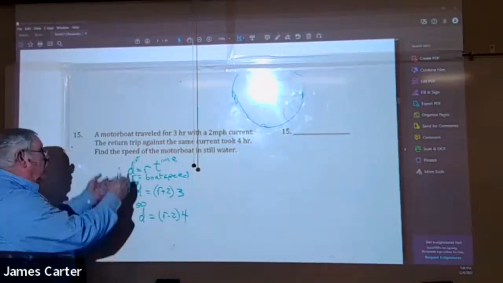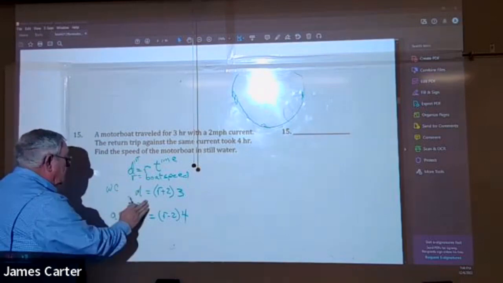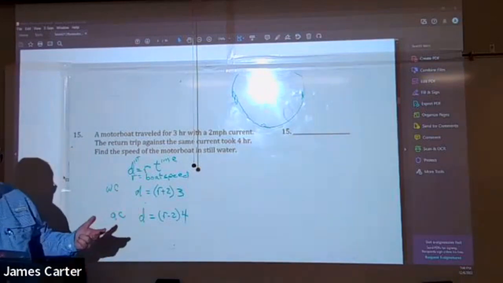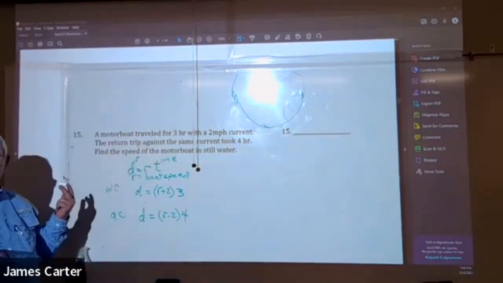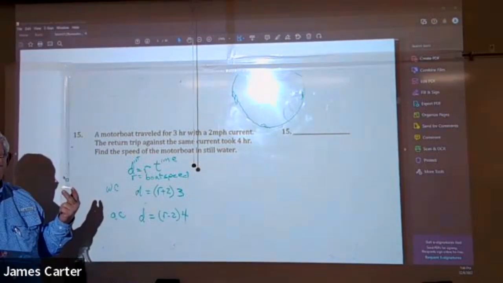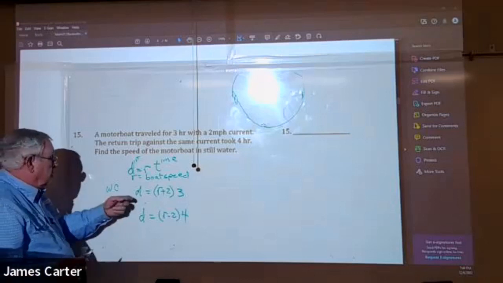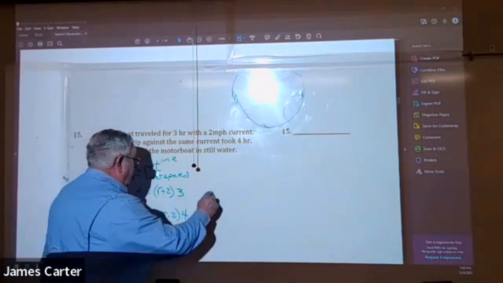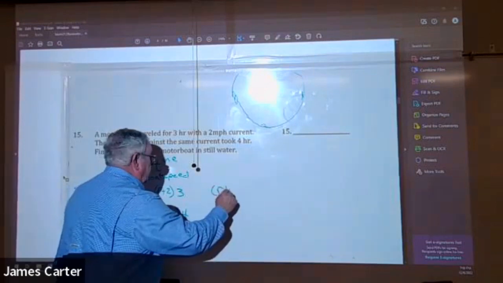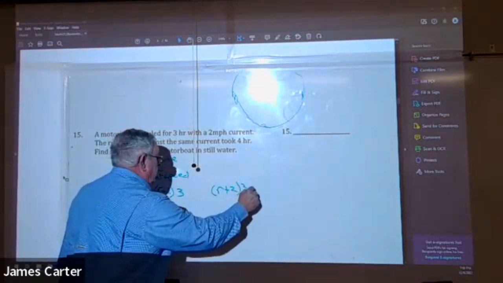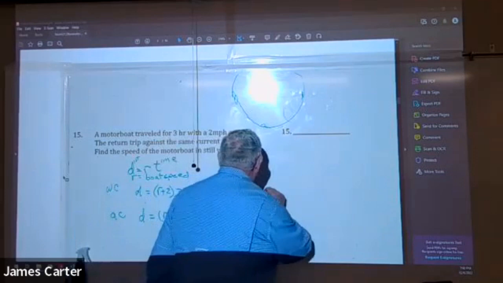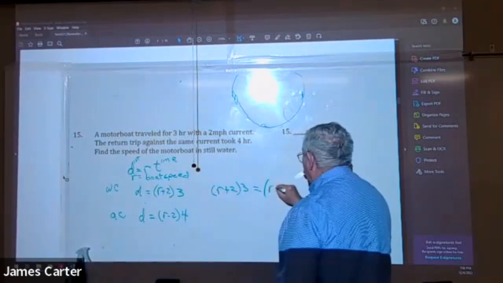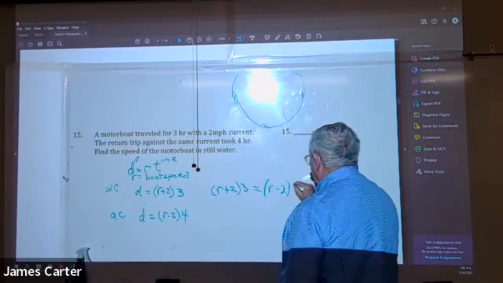We don't know what the distance is, we just know it's the same, because they went and they came back. So this equals that. Or in other words, R plus 2 times 3 equals R minus 2 times 4.